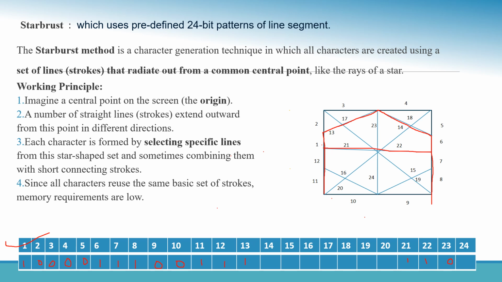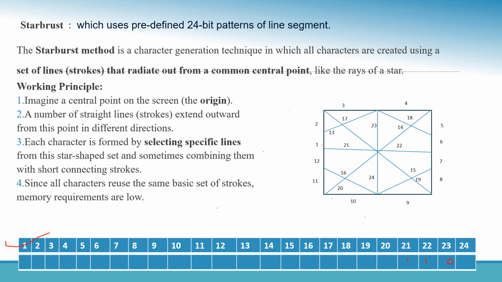If you want to display another character like H, what are the lines that should be activated? In the array, the strokes that get activated are marked as 1. Now you have to analyze how to write the character H, that is, which line strokes are activated.